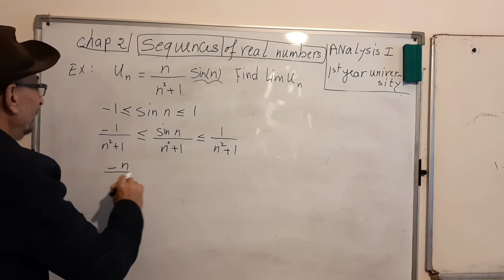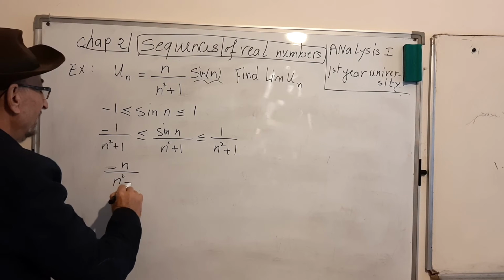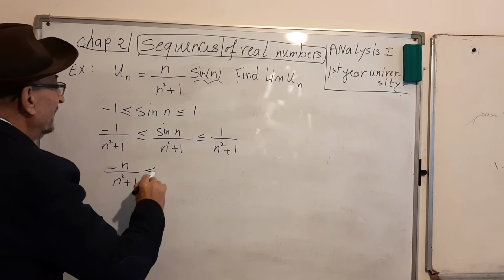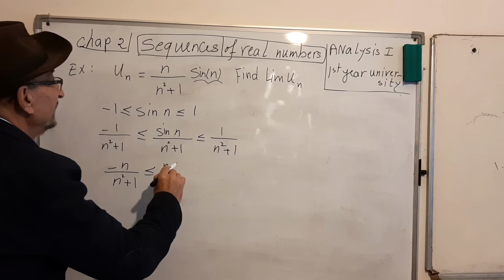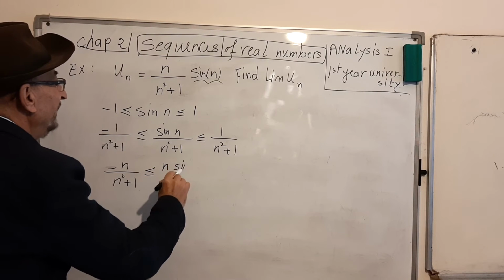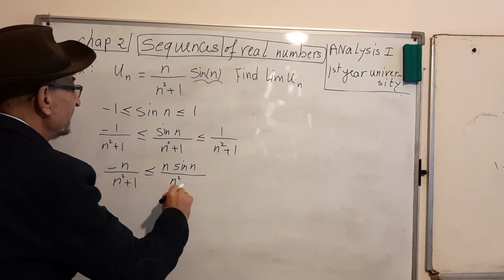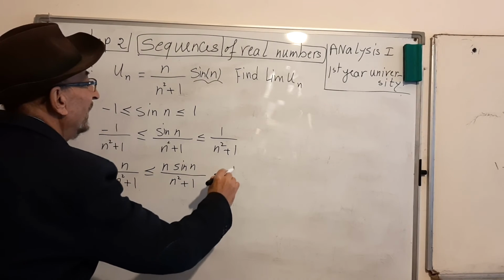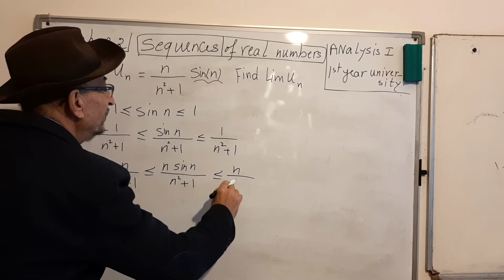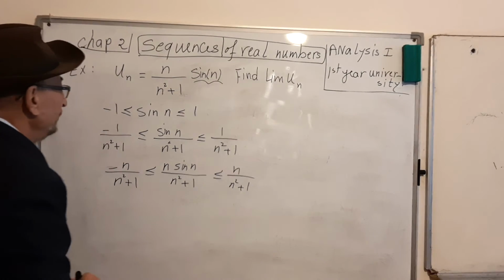So minus n over n squared plus 1 is less than n sine n over n squared plus 1, which is less than n over n squared plus 1.